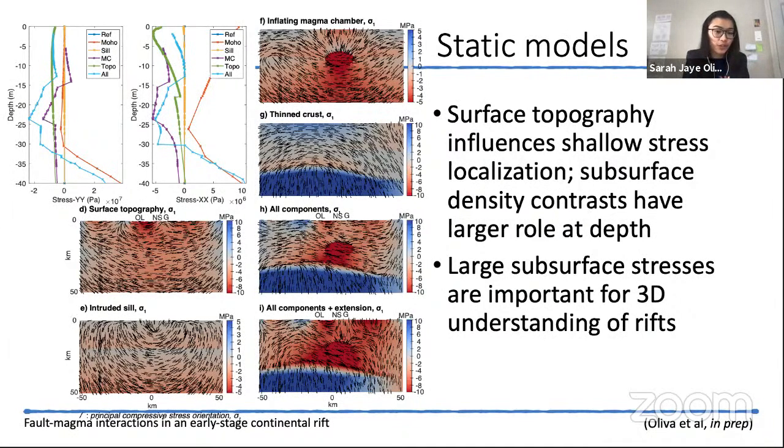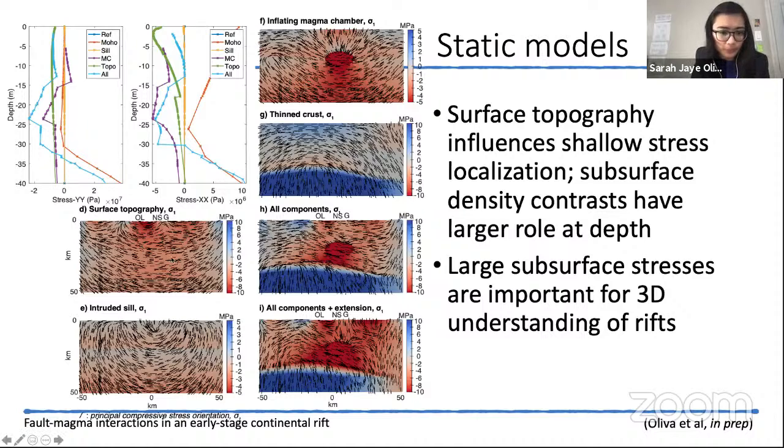Earthquakes, on the other hand, are probably more reflective of the stress state at depth, wherever the earthquake is occurring. So large stresses at depth can drive deformation that may be overlooked if we're only looking at surface constraints. To really capture plate tectonic processes and plate motion, we need to move towards 3D and seek to quantify and understand stress and strain variations at depth.